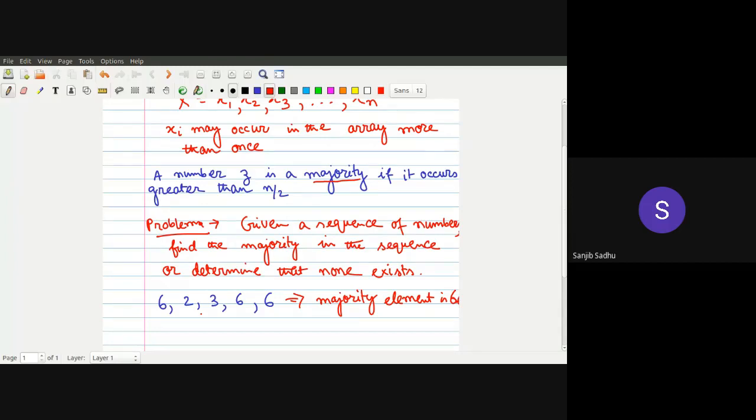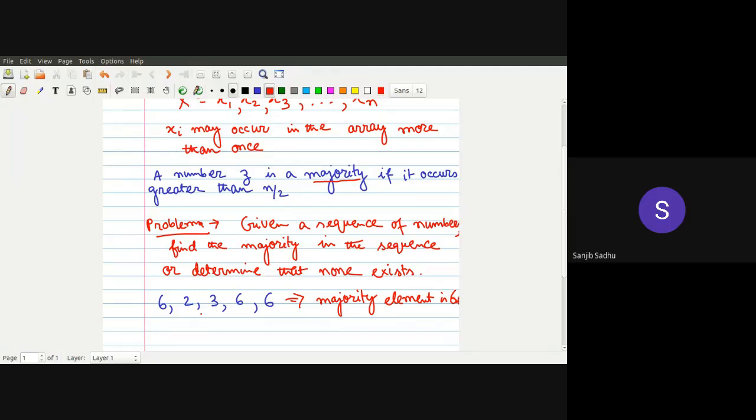Please remember, it is not that only two or three candidates are there. There is no guarantee that all the persons will be candidates or only a few will be. Whatever the case, there will be a winner if a person gets more than n by 2 votes.